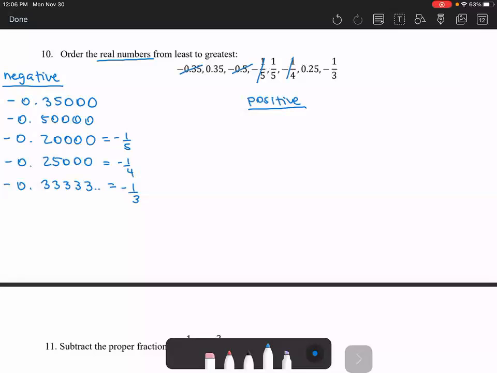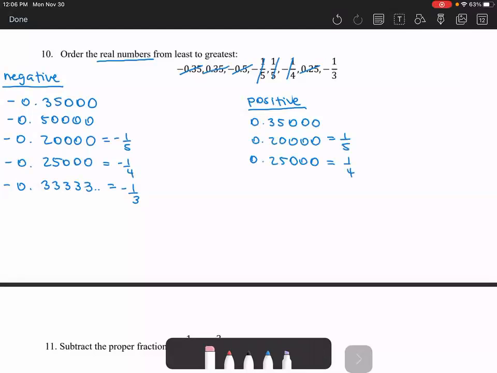So our positive numbers, we have 0.35, and 1/5, and 0.25, which is 1/4. It equals 1/4, but we don't need that. And oh, I forgot to cross out the negative 1/3 there. Okay, so these are our negatives and our positives, and then I would order them from here.